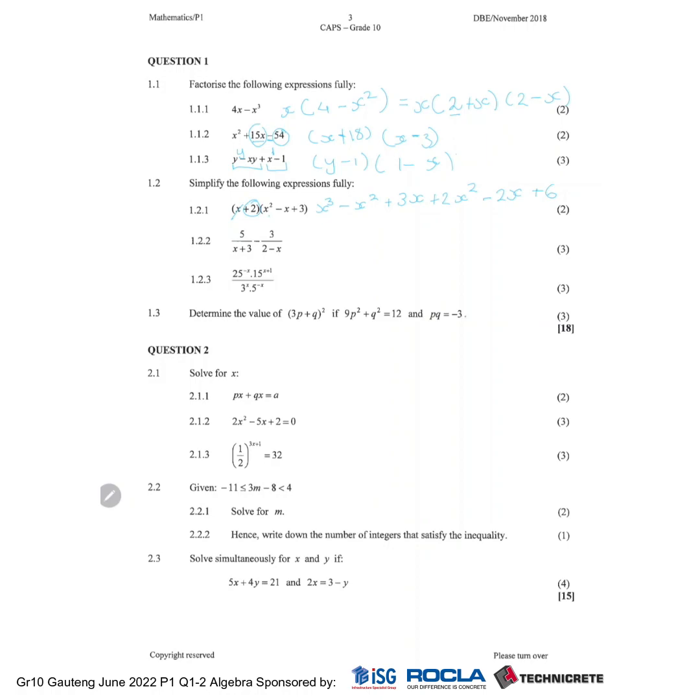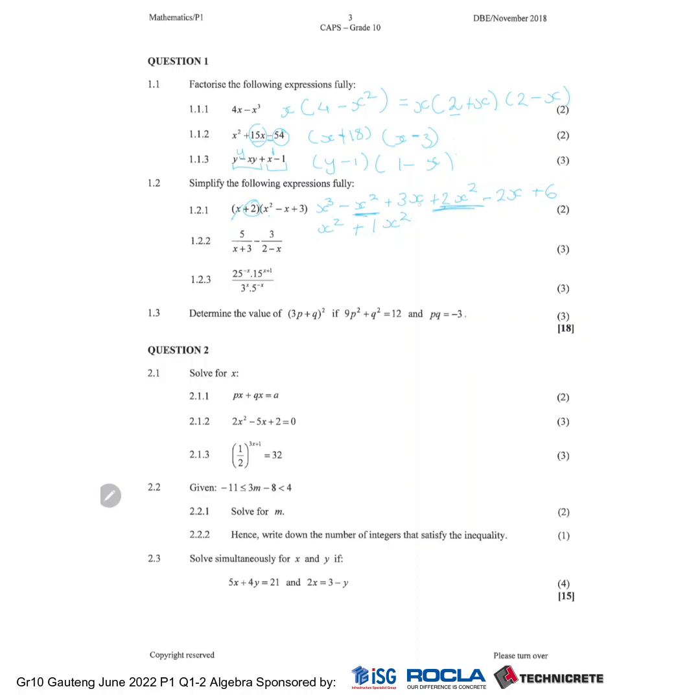Now we're going to simplify this to make it a bit better, because it's kind of messy. We're going to add and subtract all the like terms. x cubed is by itself. x squared is minus 1x squared plus 2x squared, that's going to give us 1x squared.